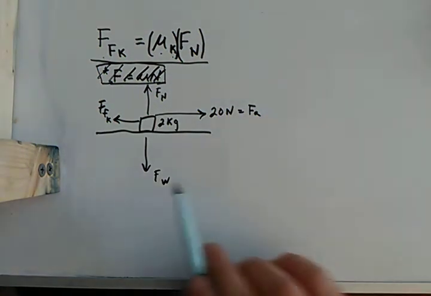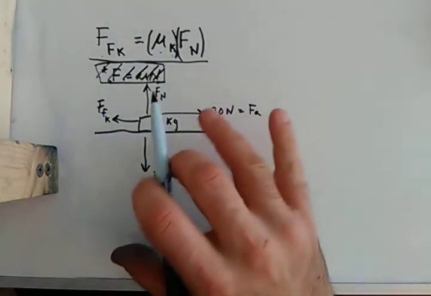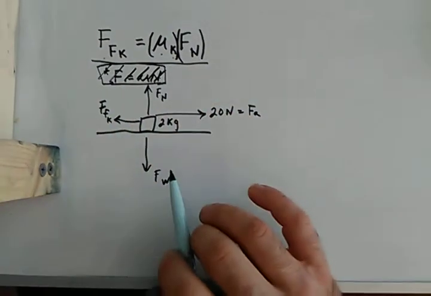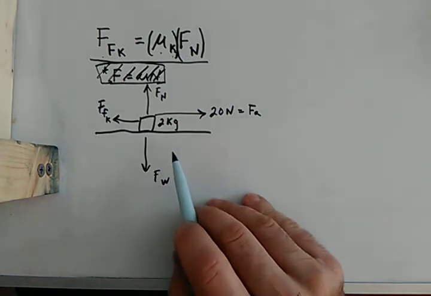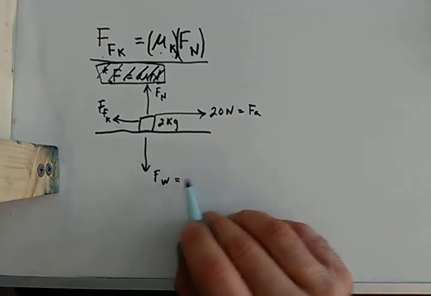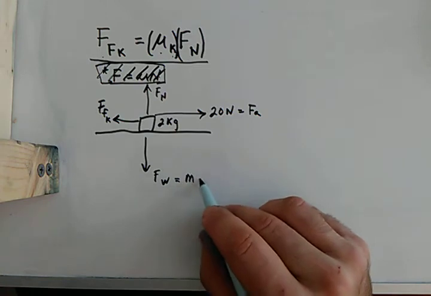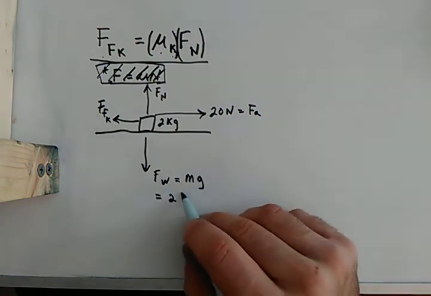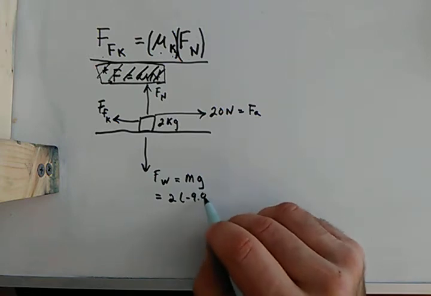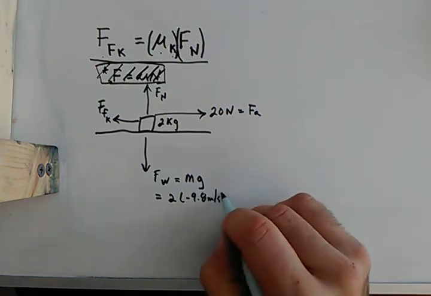Now, we're going to go through this whole problem. I'm going to help you guys calculate some numbers here. The weight is equal to, remember, mass times gravity, 2 times negative 9.8.